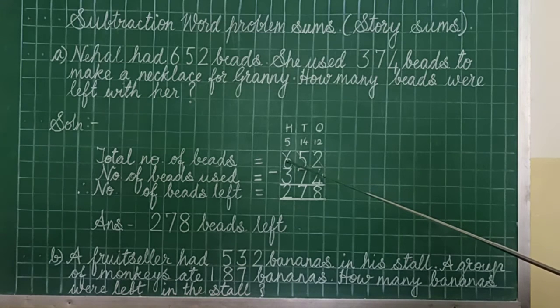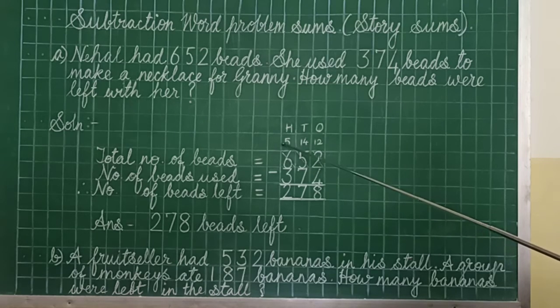So when we will borrow 100 from the hundreds place, this 4 will become 14. It will become now 14 tens. And as we are borrowing from the hundreds place, 100 will be less. So this 6 will become now 5. It will become now 500. So children, whatever the borrows are required, we have done that. Now let's find the answer.